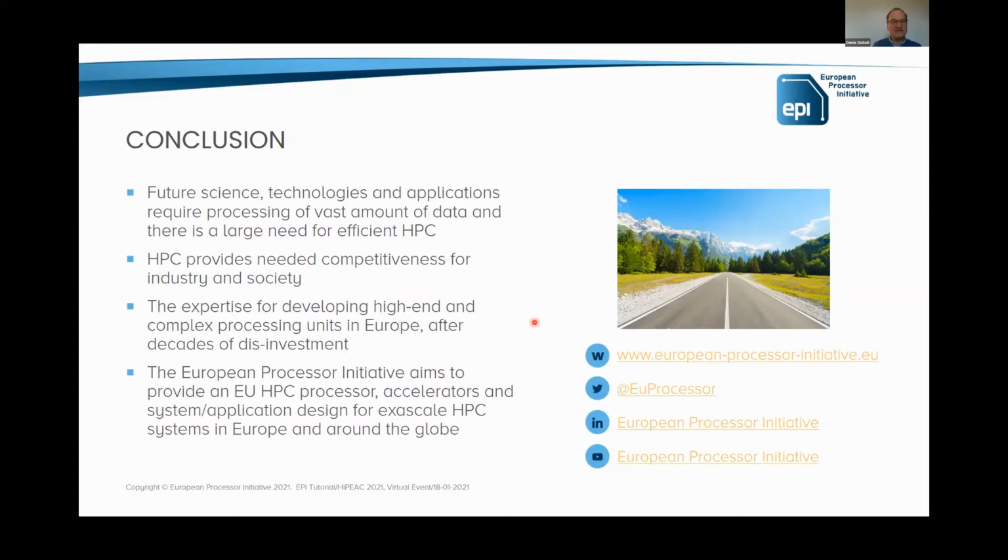So that's why with EPI we have to recover this expertise in developing a high-end processor: in designing, in architecting, in co-designing these processors in order to be able to provide processors for Europe and for exascale-level HPC systems.